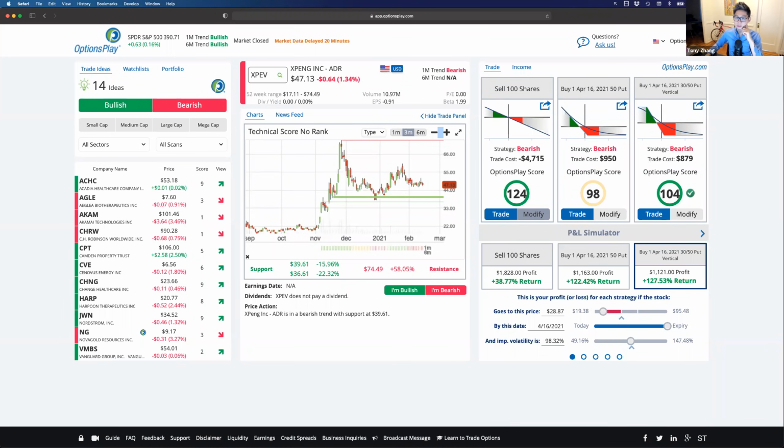Cover Vega, please. Vega is just telling you the sensitivity of your option to a 1% change in implied volatility. So if the volatility moves by 1%, how much the value of your option changes. Here's the thing about Vega: Vega has a relatively small impact on your overall P&L. Delta has the largest impact. Even a small change in the underlying stock will cause a big move in the option.